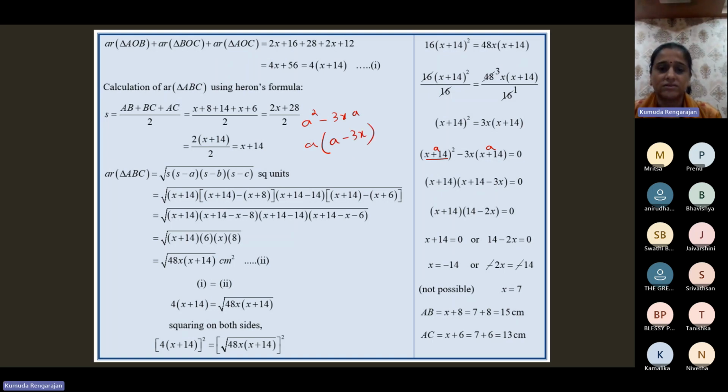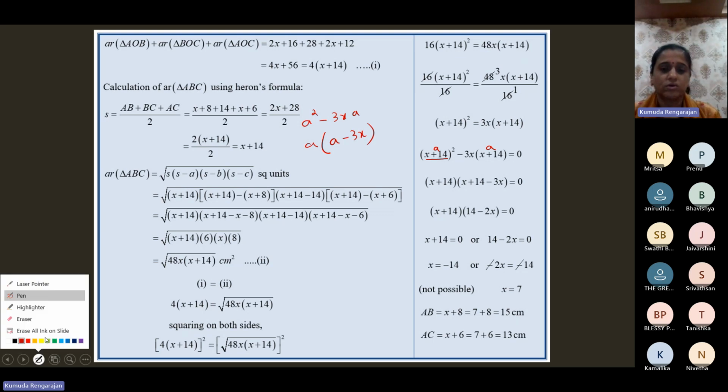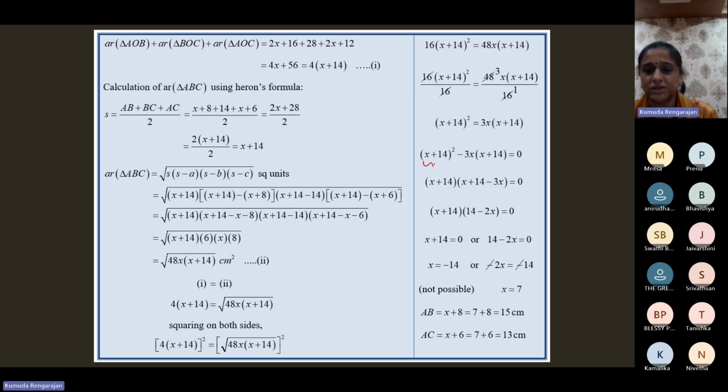So between this expression and this expression, x plus 14 is common. So bring out x plus 14, and then in the bracket, x plus 14 the whole square. You should write one x plus 14 here, because x plus 14 into x plus 14 is x plus 14 the whole square. And this one, x plus 14 is common here, so you should write this minus 3x inside the bracket.